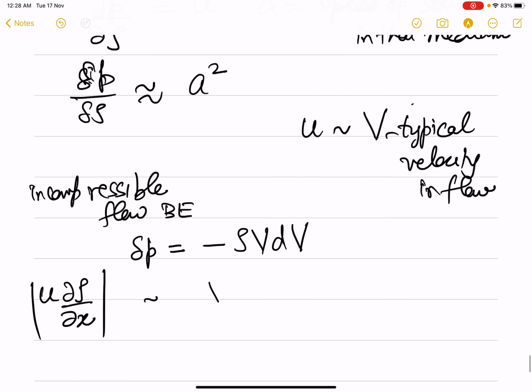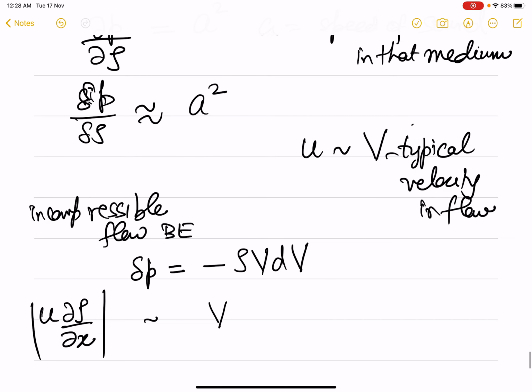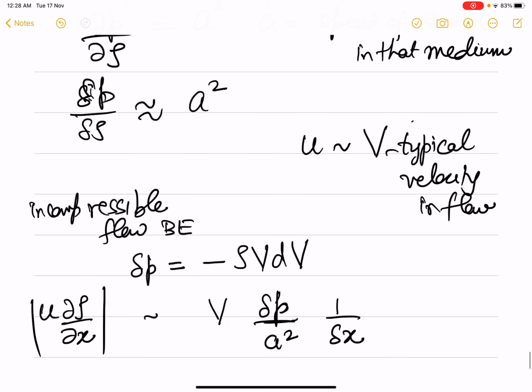This we will write as v, and d rho I am going to write as delta p upon a square, and there is a delta x, so I'll use 1 over delta x. So this is u d rho by dx, and for this I have used this equation.